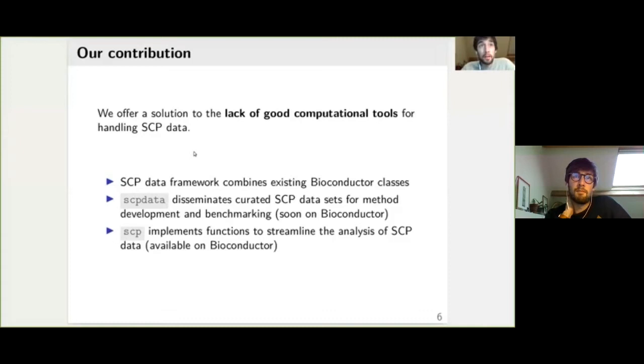We also provide the scpdata package that disseminates curated SCP datasets for method development and benchmarking. Unfortunately, I didn't manage to get this done for the conference, but it should soon be available on Bioconductor. We also provide another package called scp that implements functions to streamline the analysis of SCP data, and this is already available on Bioconductor.